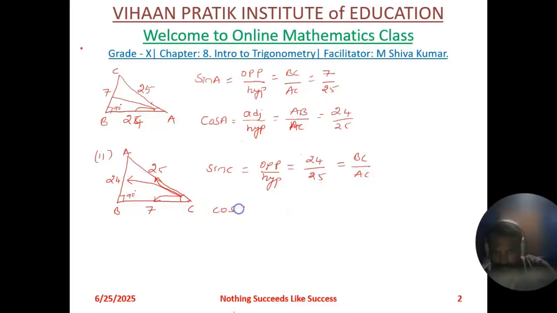In the same way, cos C equals adjacent by hypotenuse. Adjacent is 7, hypotenuse is 25. Adjacent is BC, opposite here is AB. So cos C is BC by AC.